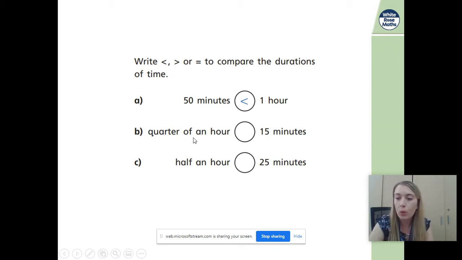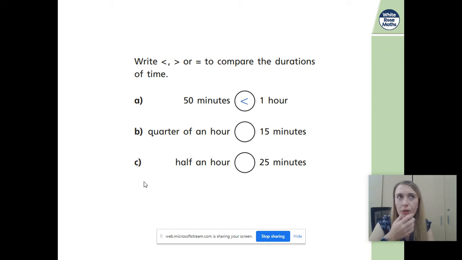Okay, so this one, a quarter of an hour or 15 minutes. I need to work out how many minutes are in a quarter of an hour. I know that 1 hour is 60 minutes, so half an hour must be 30 minutes. So then for a quarter, you halve it again.